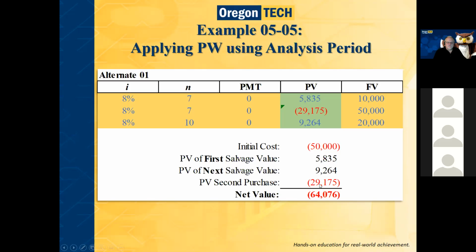Because you buy a new one for year 8, you're not going to use it the full 7 years it's capable of being used. You're going to sell it at the end of 10. So that's why you get this total value, negative value or cost of $64,076.